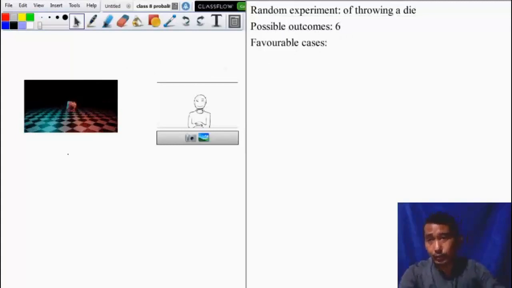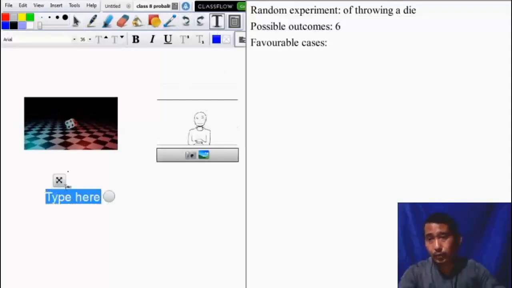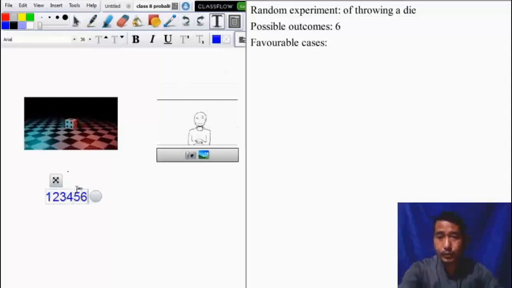And out of this 6 number, let's write the 6 numbers first: 1, 2, 3, 4. Okay.